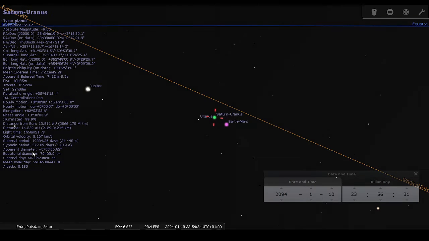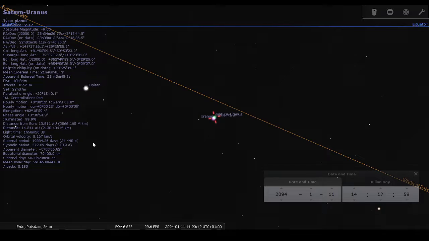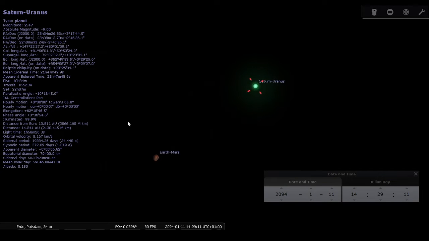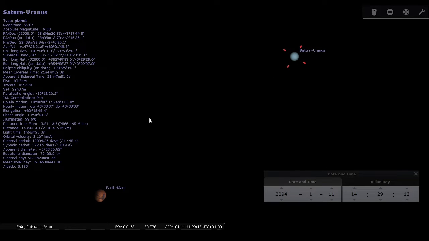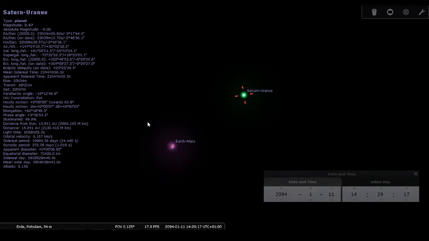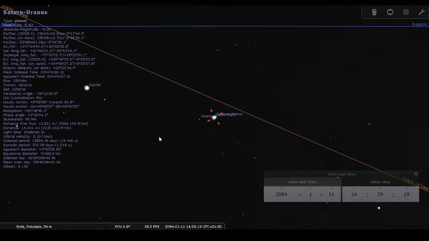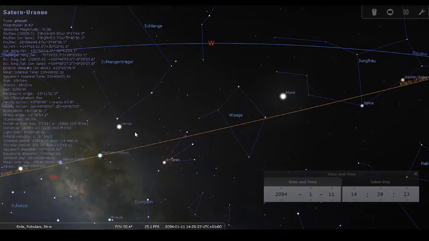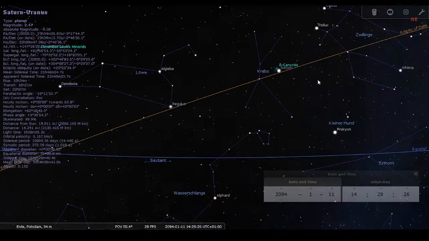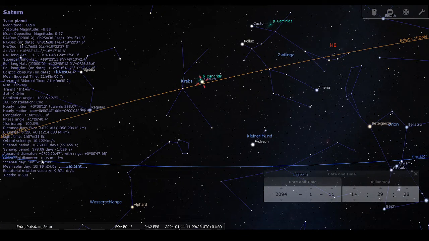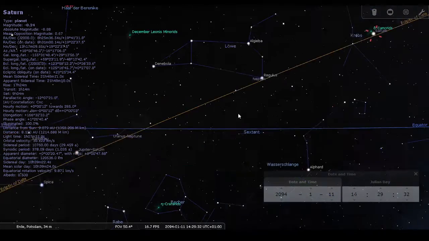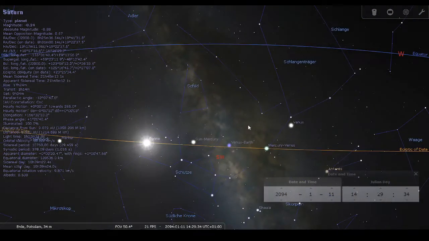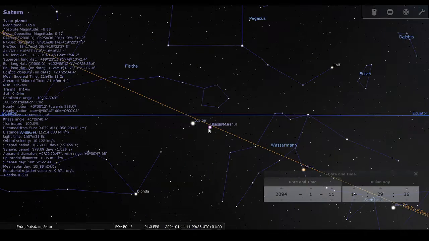Uranus's diameter is about 51,000 kilometers, and Saturn's is about 125,000 kilometers. Saturn, where is Saturn? I'm looking at that. There's the equatorial diameter, 170,000 kilometers.